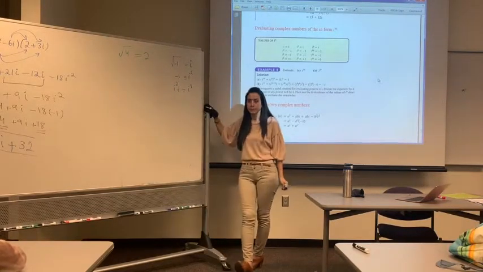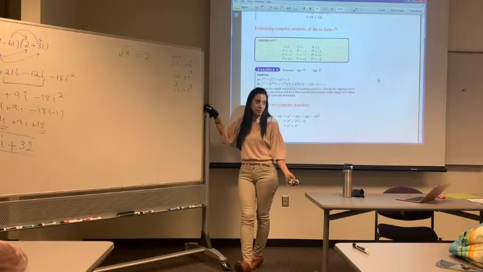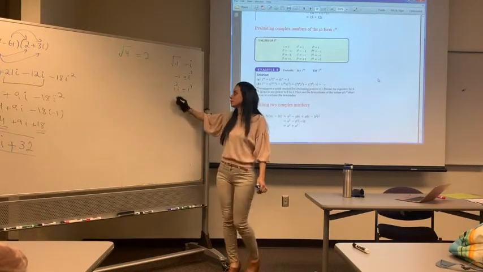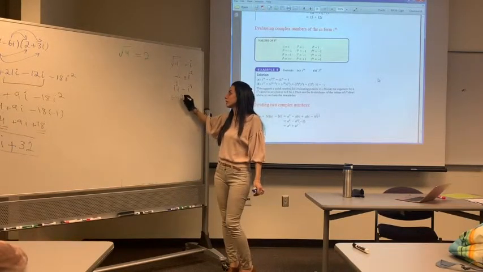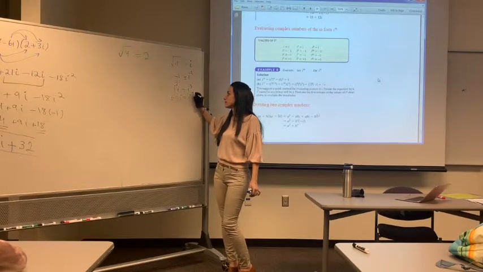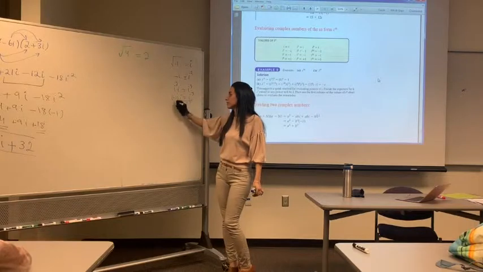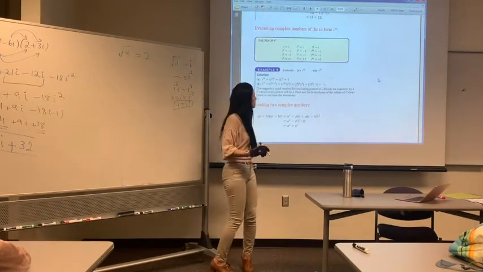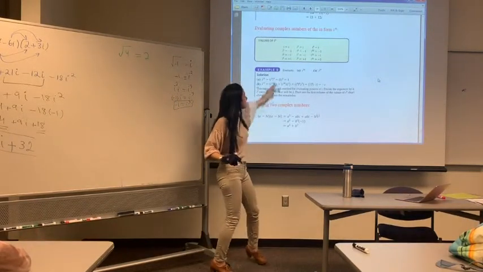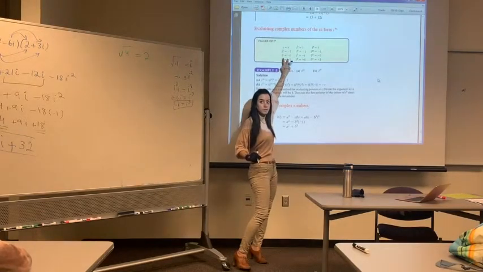Am I right? Correct? So i to the power 2 is negative 1 multiplied by i. So we have negative i equal to i to the power 3. i to the power 3 is negative i. Correct?